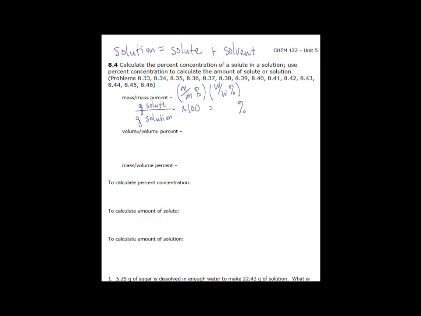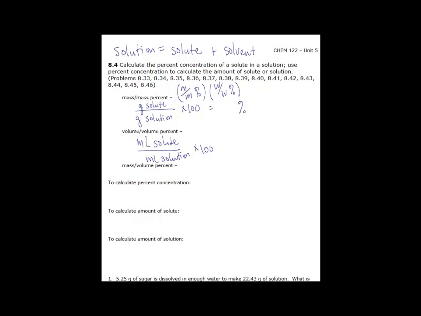Okay, the next percentage that we're going to talk about is volume percent. And this is milliliters of solute over milliliters of solution times 100. Now, you're not limited to milliliters as your volume.